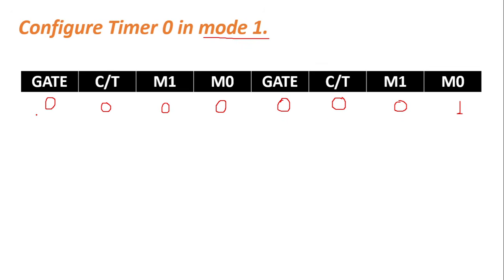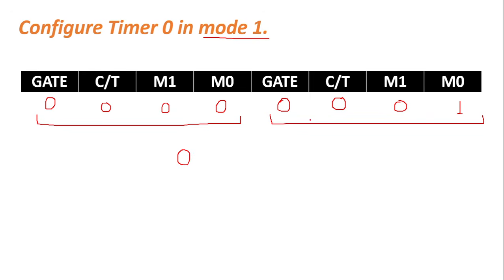In instructions, we usually write the values in hexadecimal, so make groups of 4 binary digits, each of which is 1 hexadecimal digit. So 0000 is 0 in hexadecimal, 0001 is 1 in hexadecimal. In short, the 01H value is to be loaded in the TMOD register to configure timer 0 in mode 1.